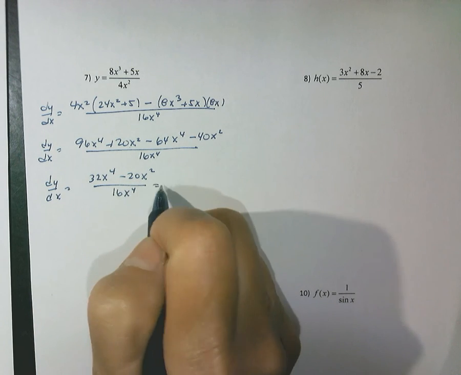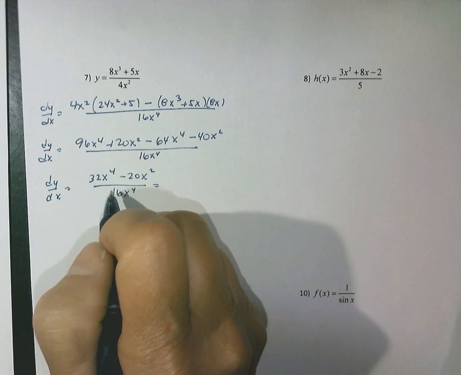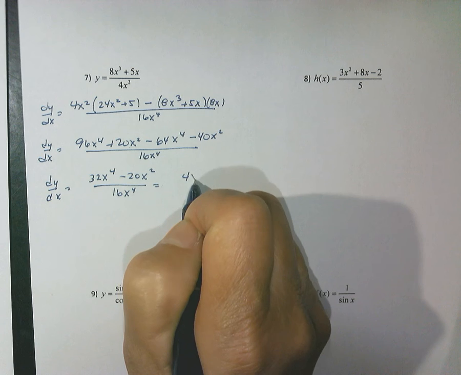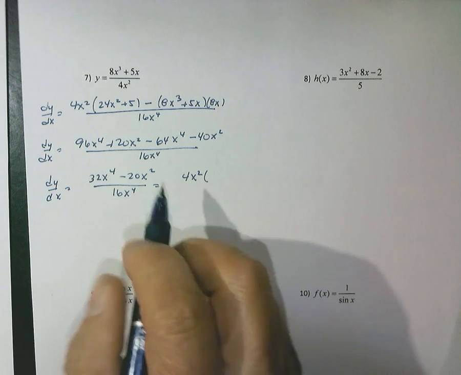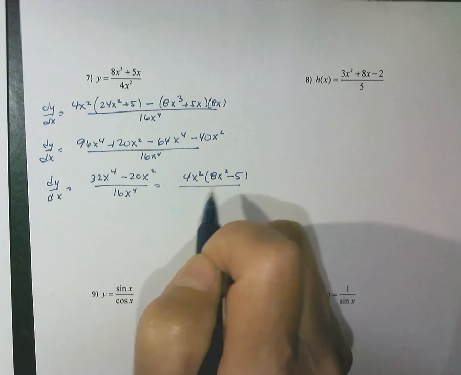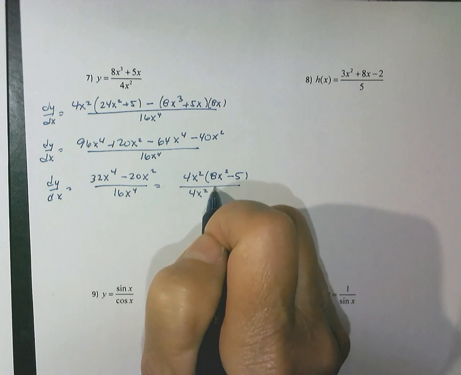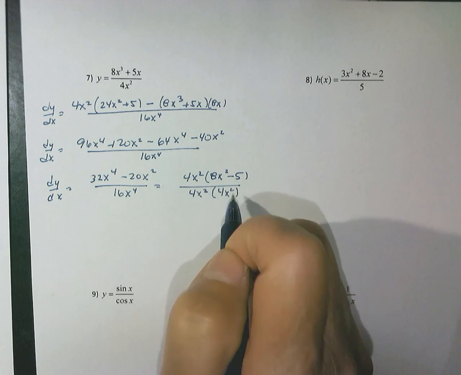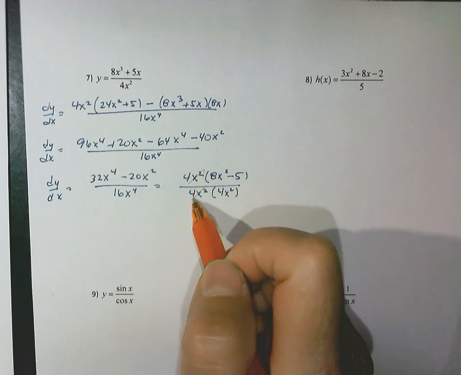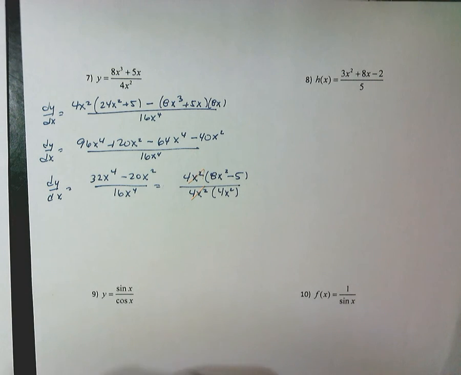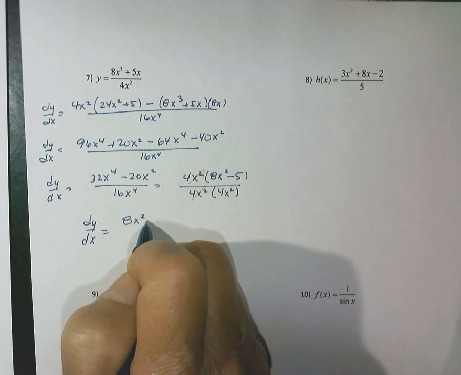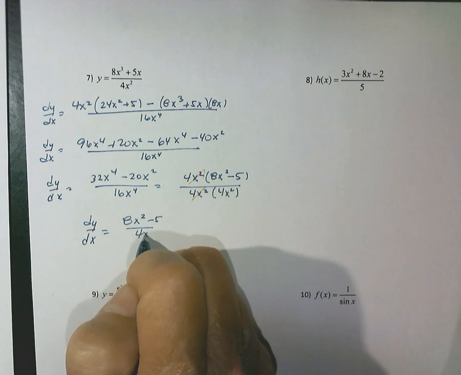Now if you notice, I can factor out 4x squared as the common term. This gives me 8x squared minus 5. If I take a 4x squared out of the denominator, I'm left with 4x squared. So the answer becomes 8x squared minus 5 over 4x squared.